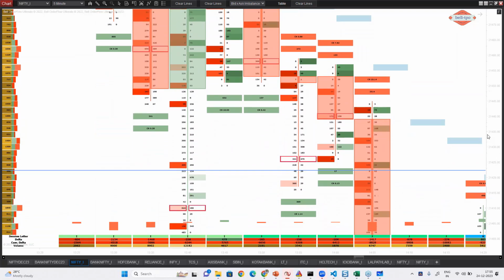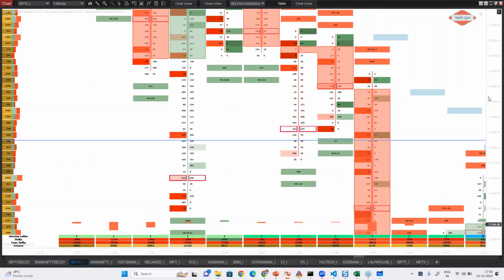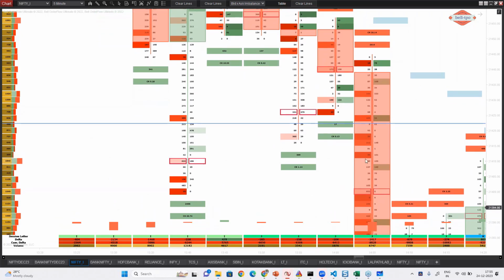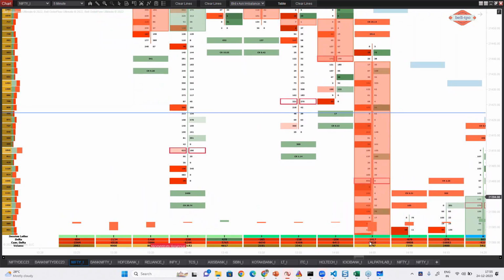At 2:05, we had another serious selling pressure with a big delta. 6,747 lots got traded. Anything more than 2,500 lots in Nifty on a 5-minute candle will be considered a bigger lot size. So big lots are getting traded, which means some big players are coming in and dumping, trying to take some profits out of the system.